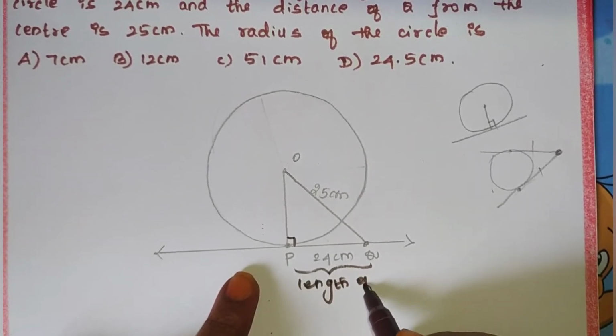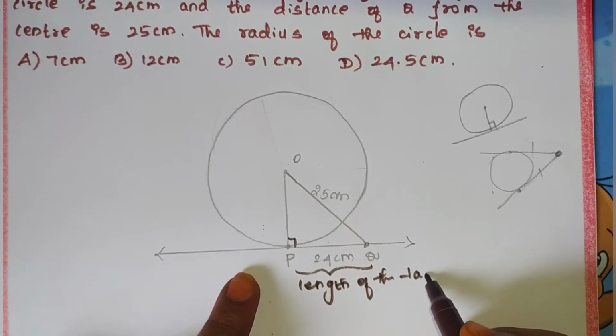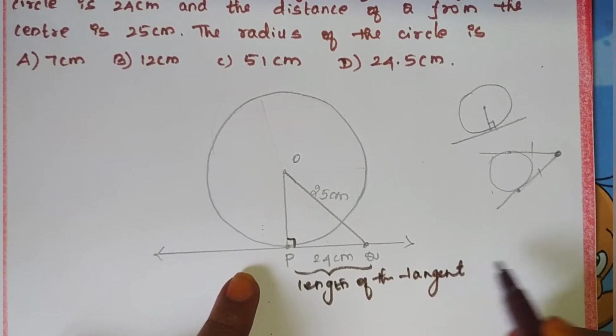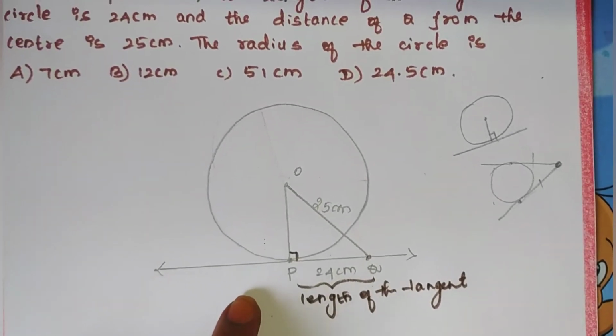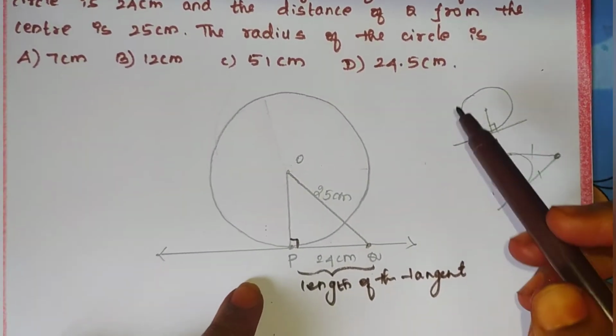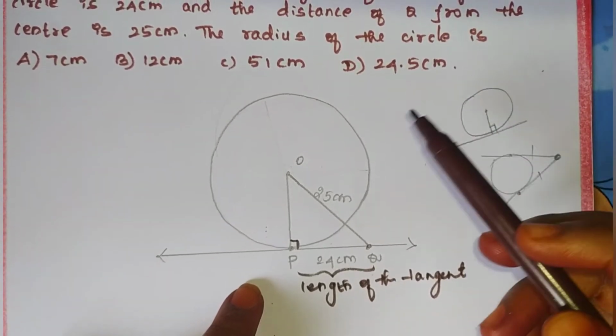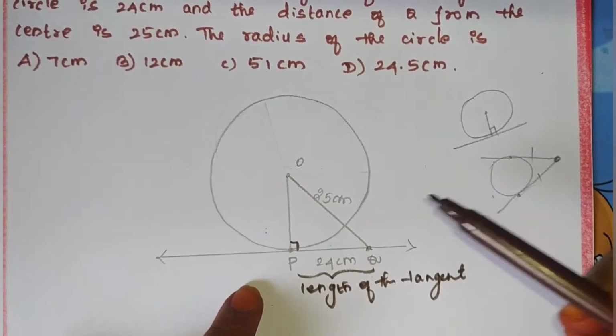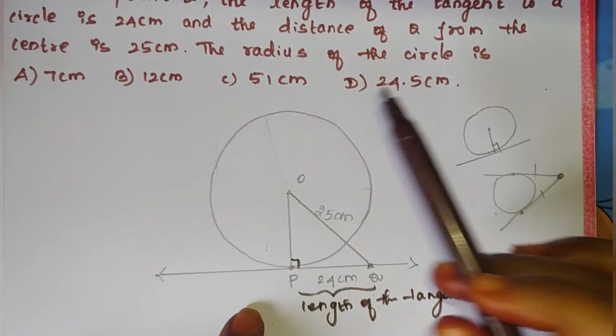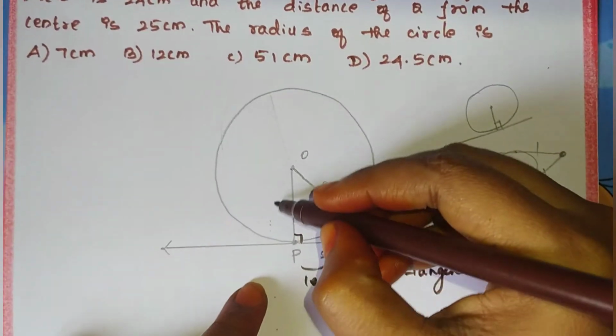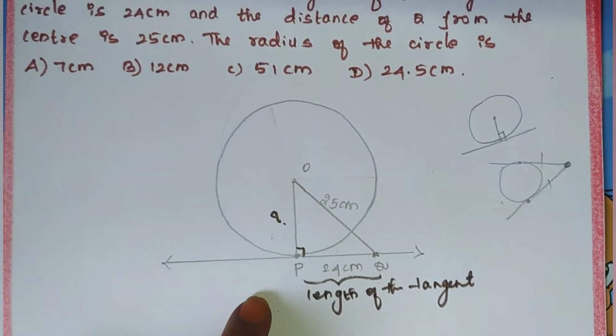This is 24 centimeter. And the distance of Q from the center is 25 centimeter. The radius of the circle is what?